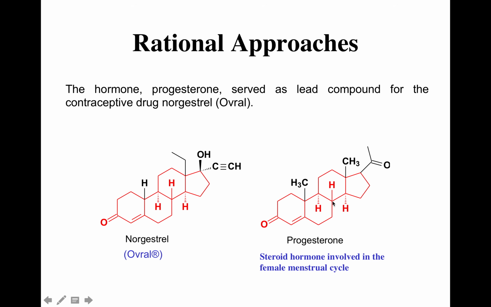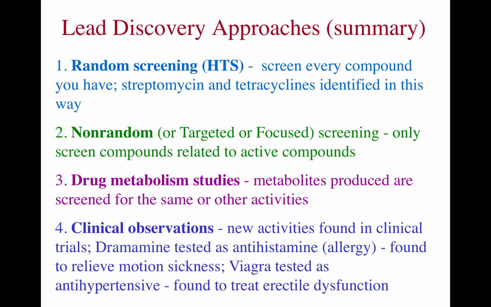So this is synthetic progesterone, which was then developed into norgestrel, which can be used as an oral contraceptive drug that's quite effective. So that's another way in which rational approaches were used, where they looked at the structure of progesterone, made a derivative of progesterone, and what they found is norgestrel, an oral contraceptive drug.